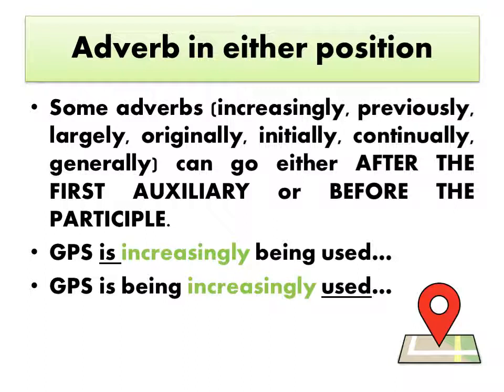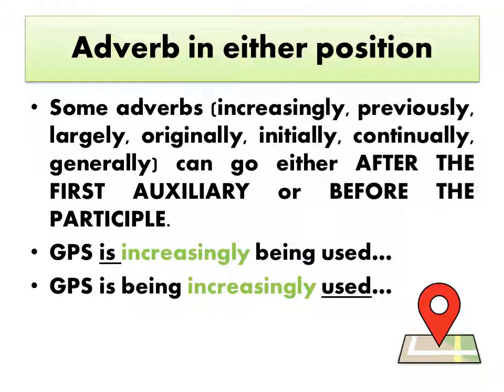And we have the adverbs that can go in either position, meaning after the first auxiliary or before the participle verb. What are these adverbs? Some of them are increasingly, previously, largely, originally, initially, continually, generally. They can go either way, after the first auxiliary or before the participle.